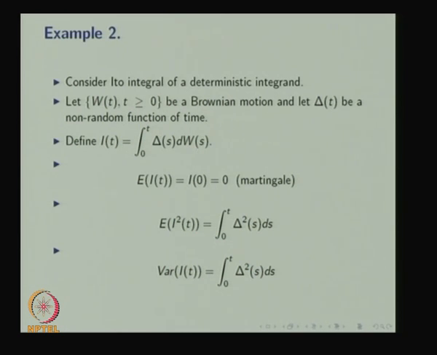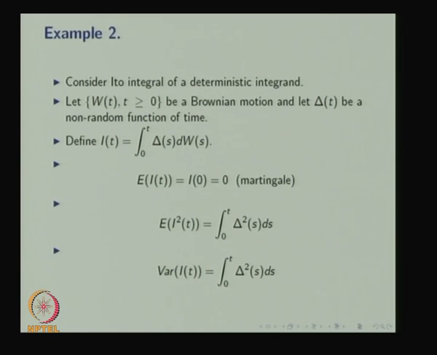That will end up as the integral of delta square of s ds. Variance is equal to expectation of I square t minus expectation of I of t whole square. Since expectation of I of t is equal to 0, the variance of I of t is the same as expectation of I square of t, that is integral from 0 to t of delta square s ds.